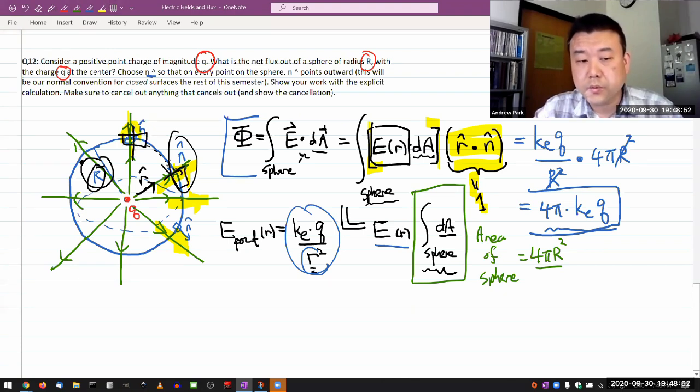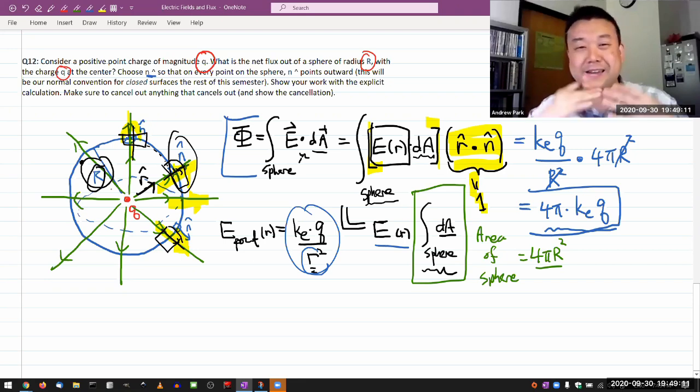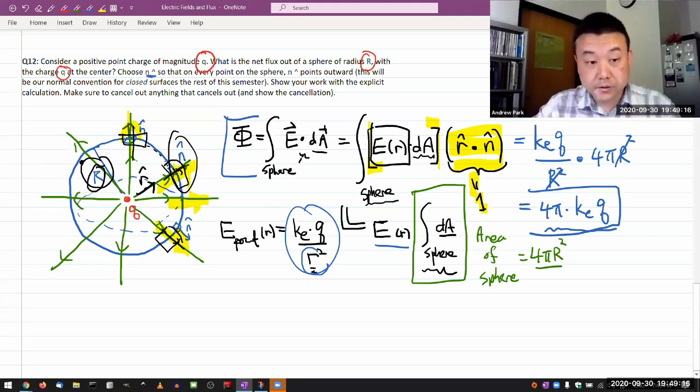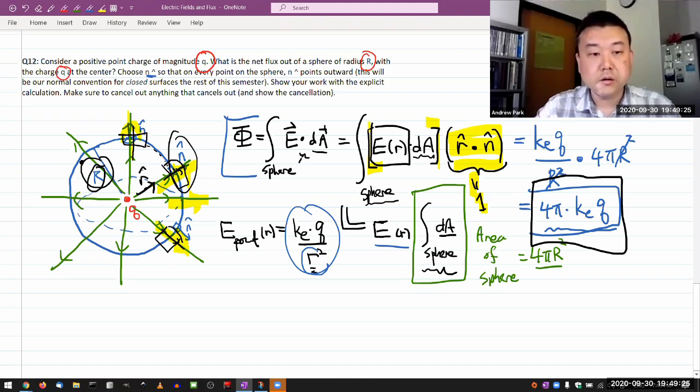So there's a way to estimate flux by counting how many electric field lines go through a surface. It's a qualitative, proportionality thing. Here I see 8 lines going through, and you can say my flux is 8 lines. You have to tell me exactly what the quantity is, but what I can tell you is that these 8 lines correspond to this amount of flux here. And this is what I want you to consider.